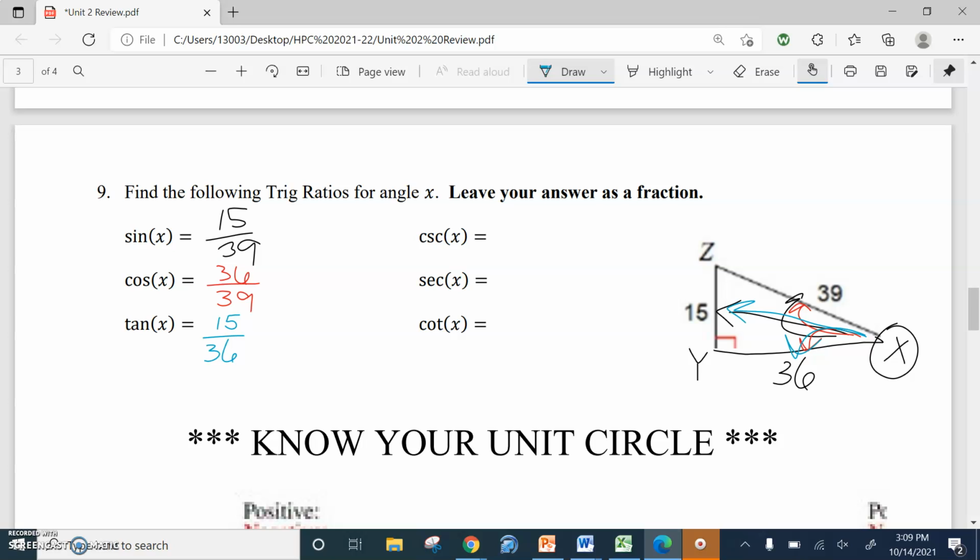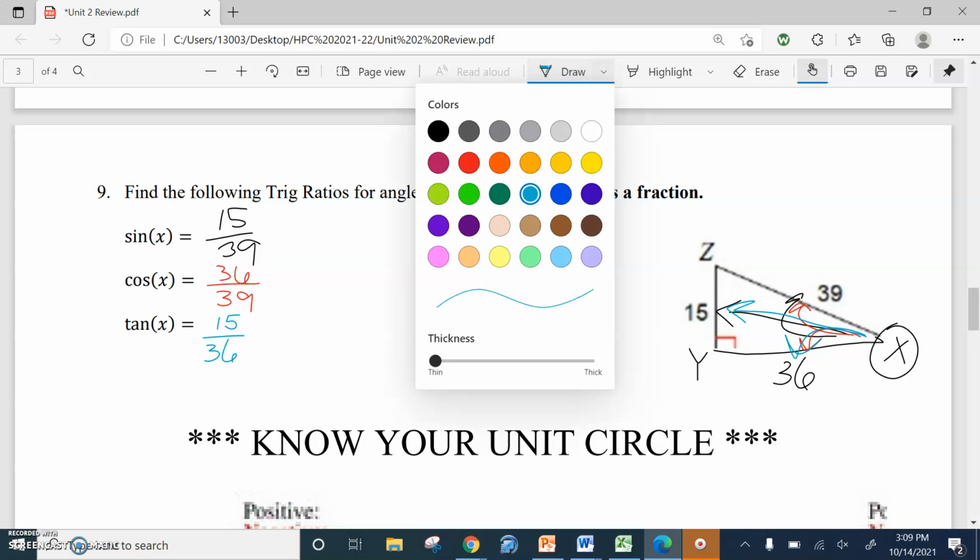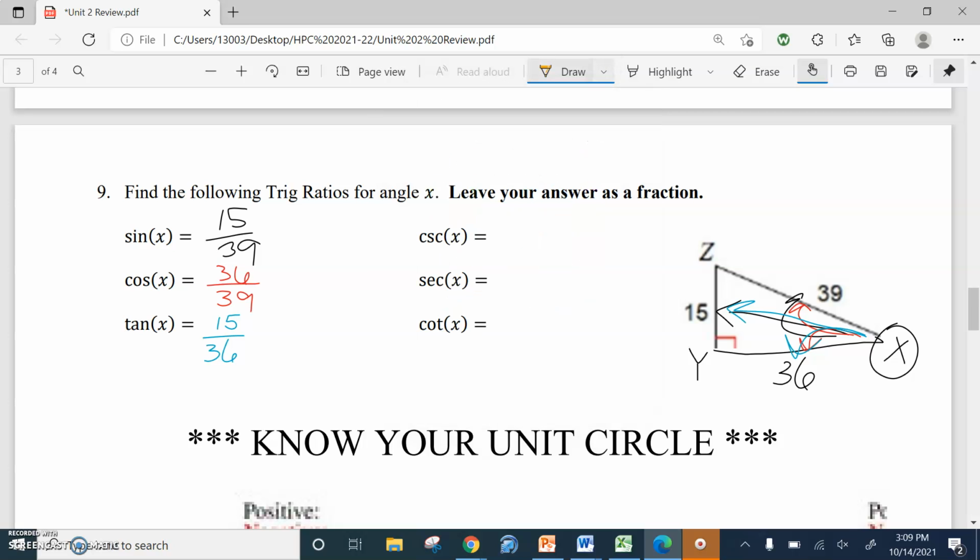Now, cosecant, secant, cotangent, I have had some students getting these mixed up, so let's be careful here. Cosecant and sine, those are the ones that have the reciprocation. So the reciprocal of sine is cosecant. It's not a matter of the s in sine matching the s in secant. That's actually quite the opposite, and that's what makes it easy for a lot of people to remember which one goes with which as reciprocals or inverses, is that the sine has an inverse of cosecant.